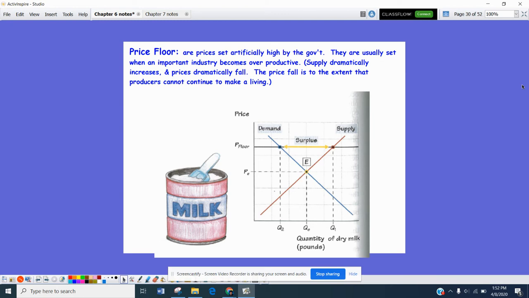And yet, if the market would have been allowed to do what it would have done naturally, it probably would have pushed a lot of those farmers out of the market because they would not have been able to stay in the industry because of the prices decreasing.